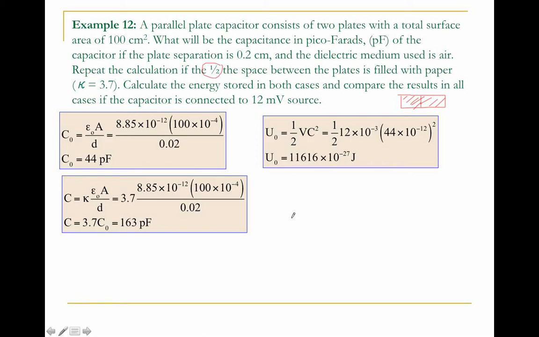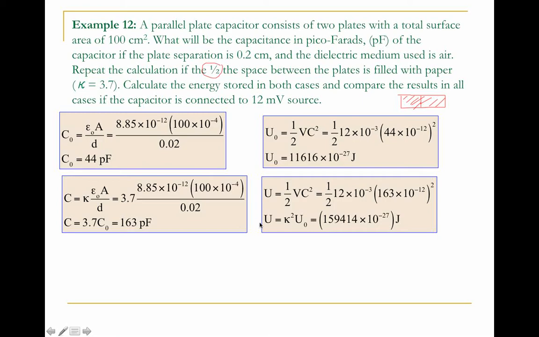So once we calculate C, then next we calculate the energy stored, which we found to be 159, because now we have introduced the dielectric material, so we can store more energy.